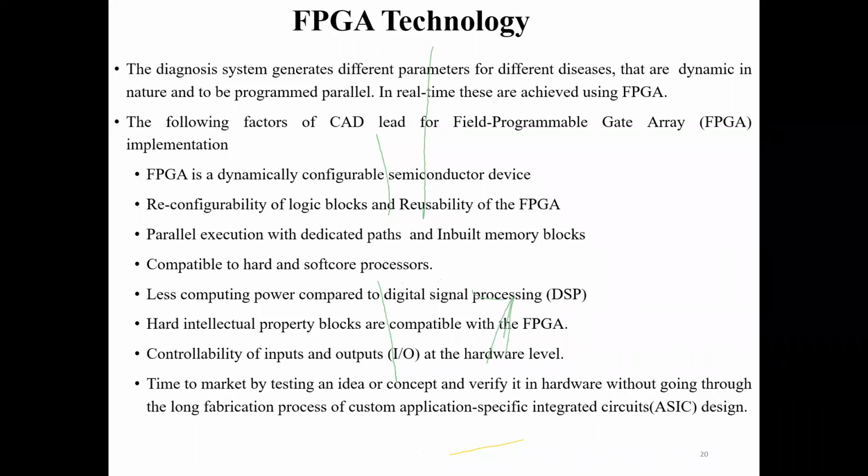Software execution like C, C++, MATLAB, or most of the programming languages that we use are sequential, so one after the other they get executed. Whereas hardware implementation is concurrent, so they can be programmed in parallel, and you may achieve good speed in hardware implementation.